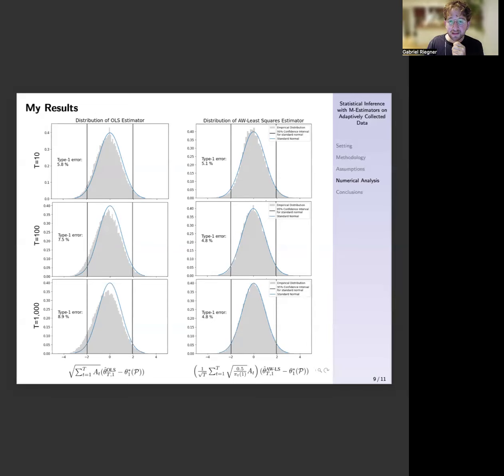So here are some observations that I took away. The first is that the type 1 error for the OLS estimator increases with sample size. And I was thinking this is likely due to the nature of the adaptive sampling algorithm, because adaptive methods balance exploration and exploitation, but at the beginning, they're usually more explorative.